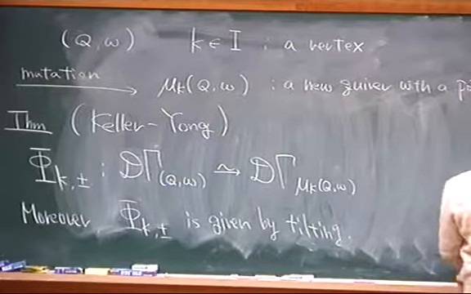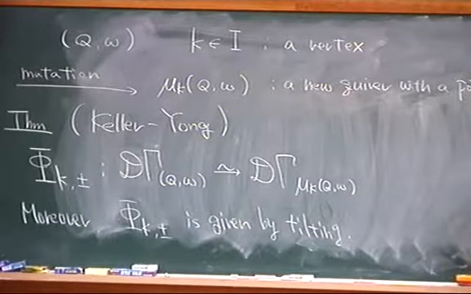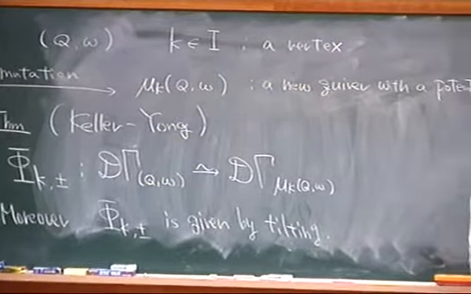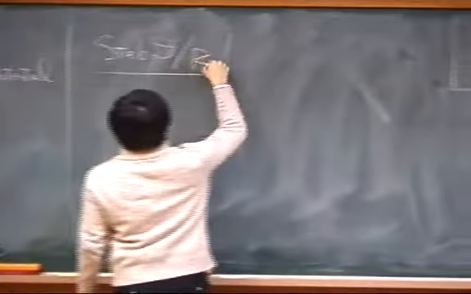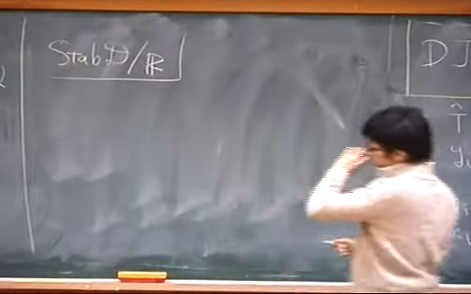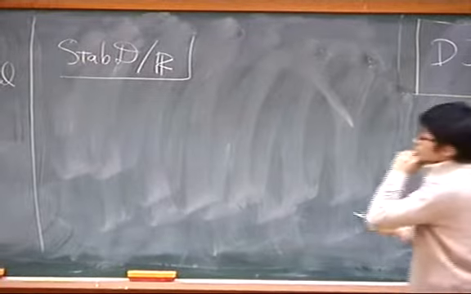So in a space of stability condition, actually I should divide by the R action given by the rotation.